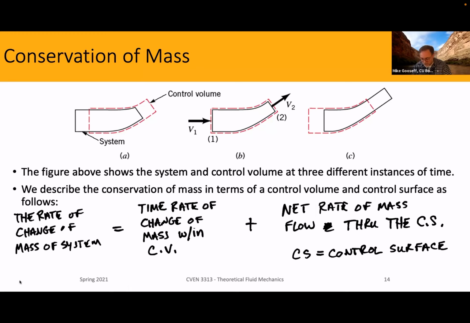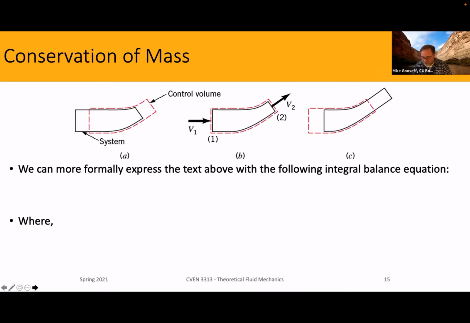Okay, so what does this equation look like? We can more formally express the text that we wrote on the previous slide with the following integral balance equation. And it looks like this. d/dt of the integral over our system of rho dV, in this case the volume, is equal to ∂/∂t of the integral over our control volume of rho dV.